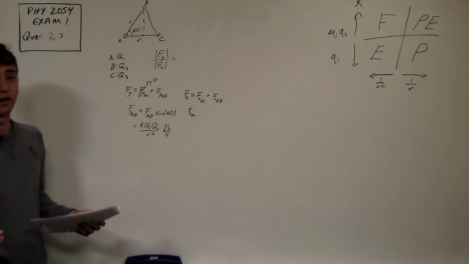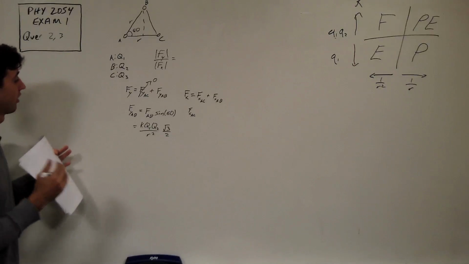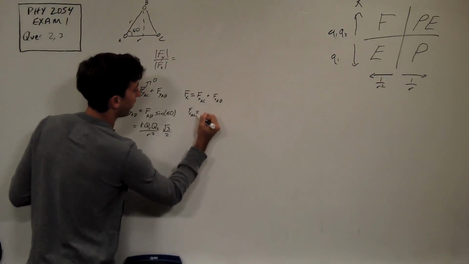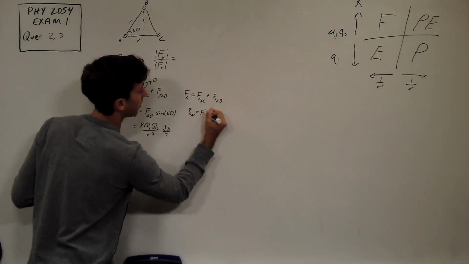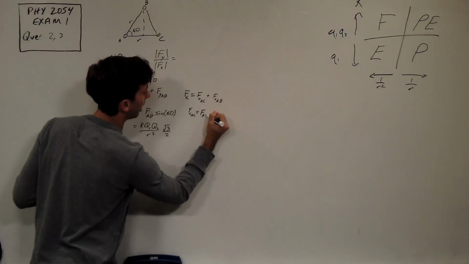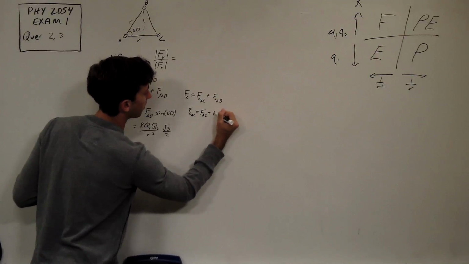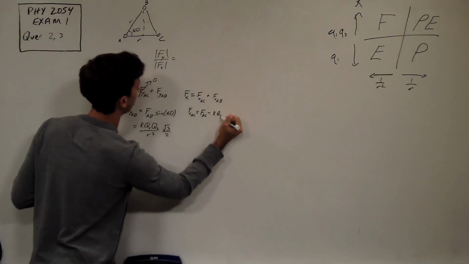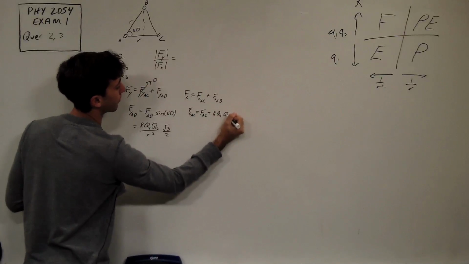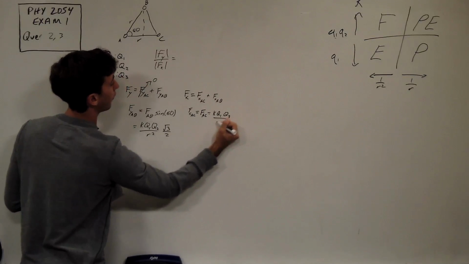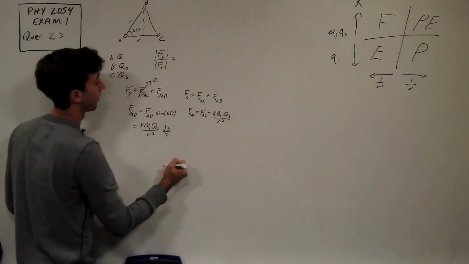Since both lie in the x direction, all of the force is in the x direction. So the x component of the force between A and C is just equal to the force between A and C, which is equal to K Q1, which is charge of A, times Q3, charge of C, over the distance r squared.